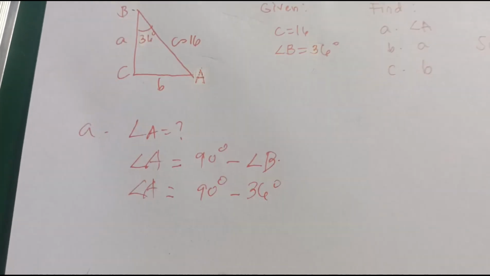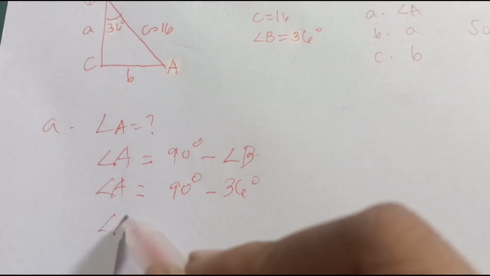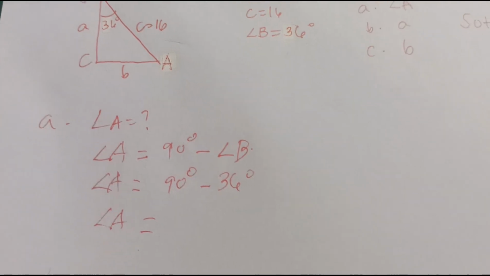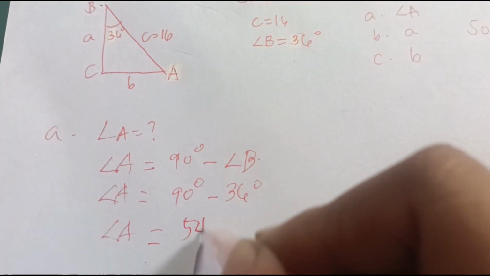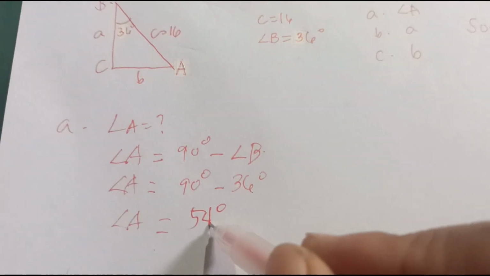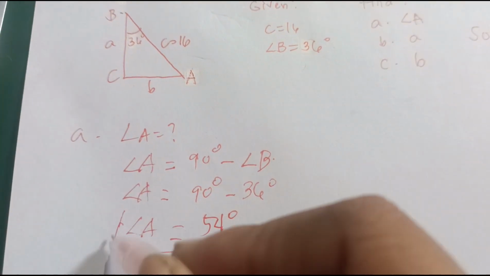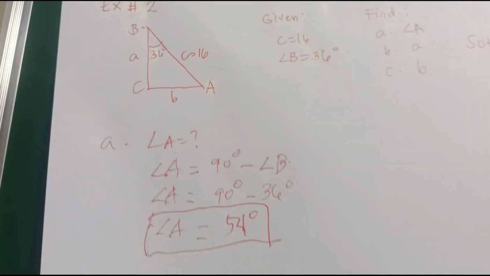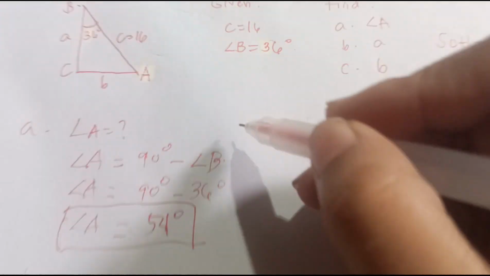We subtract 90 minus 36. The value of our angle A is 54 degrees. This is easy because we're just going to subtract from 90.